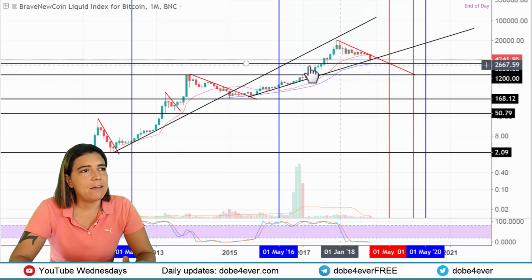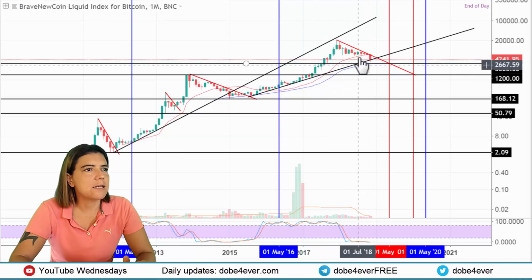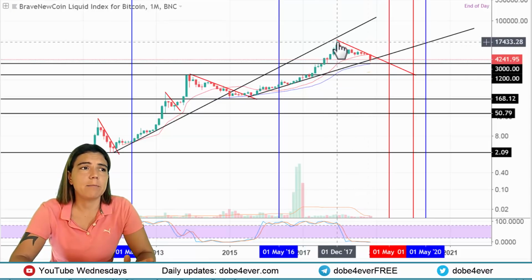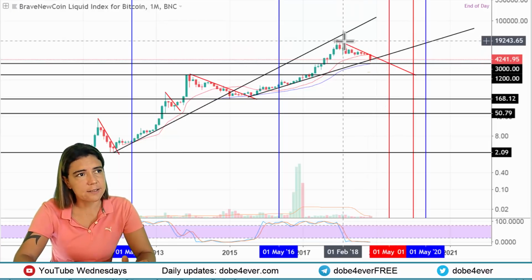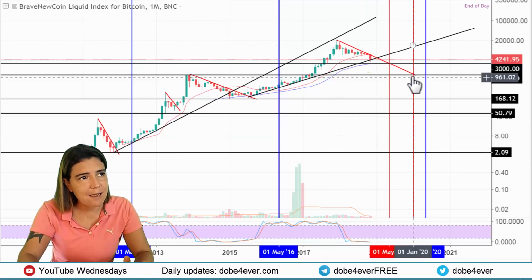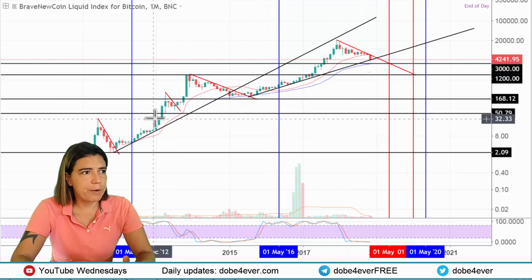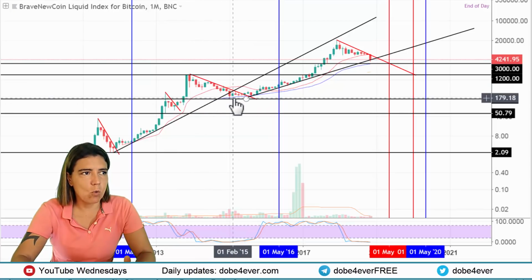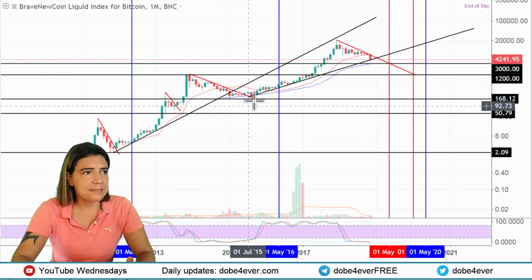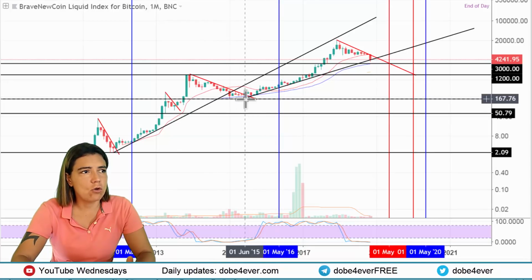So if you take these two horizontal lines and combine them with the resistance trend line, the red line, that's a resistance line here all the way down, and you compare these to previous cycles, you will see that the bottom is right around when these two lines meet the top of the previous bubble plus the diagonal downtrend line.